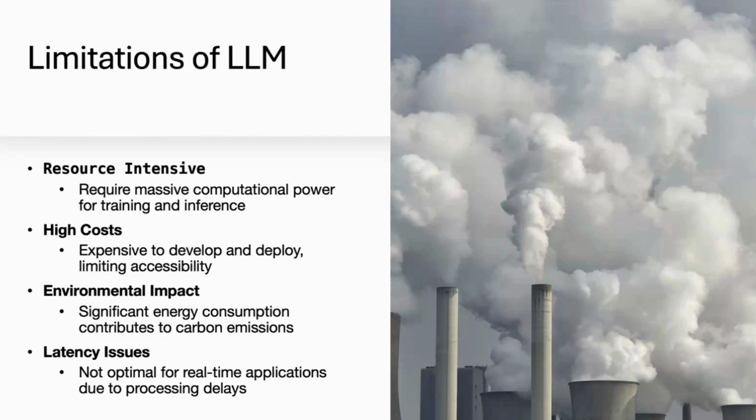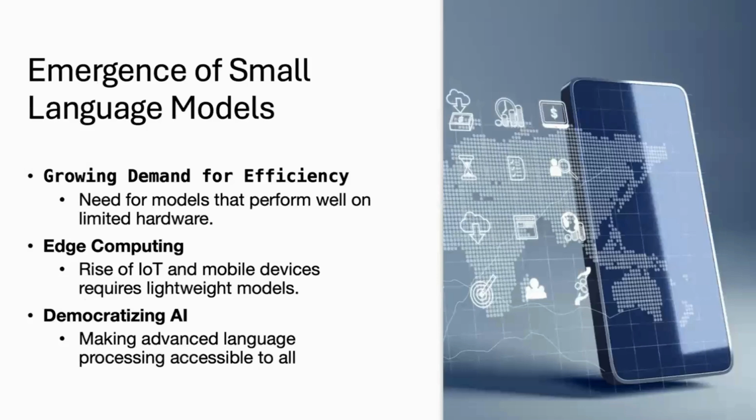Due to these constraints of large language models, we see small language models evolving, because one of the biggest issues with large language models is you cannot deploy them in a smaller environment. Your iPhone may not run a large language model, because it doesn't have enough memory or energy to host it. You definitely need a cloud infrastructure.